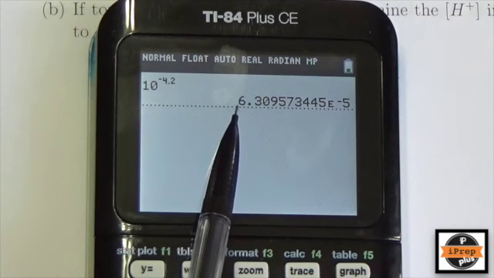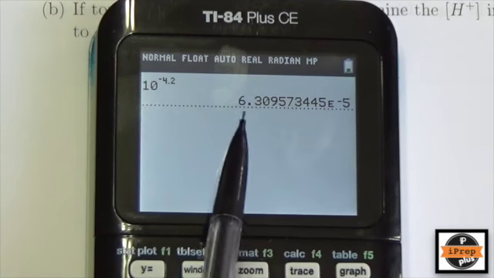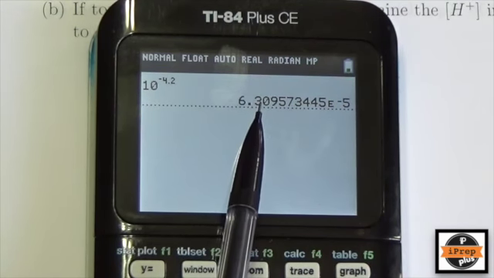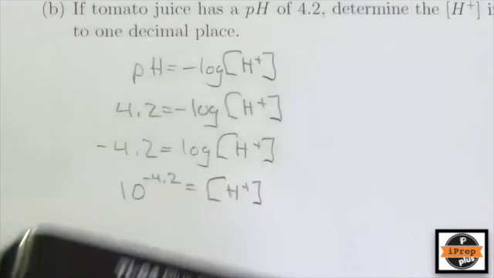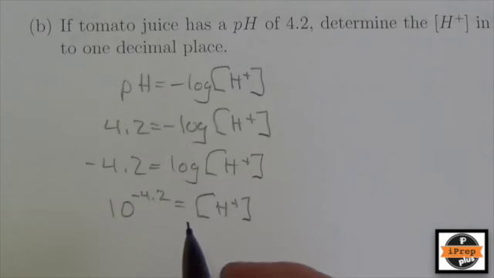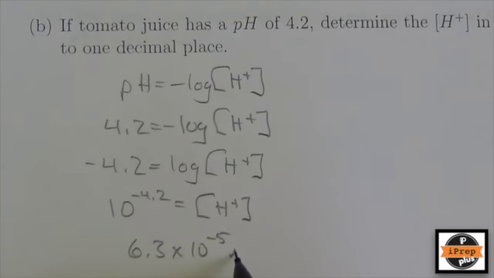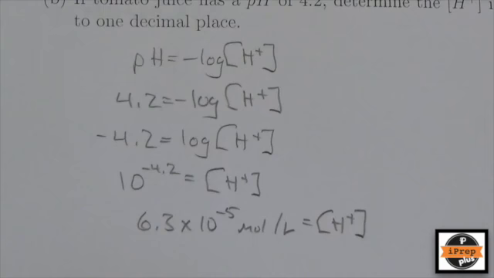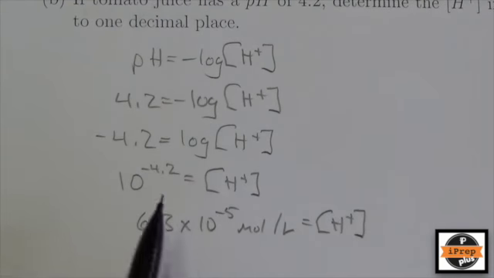This is what we want: 6.31 times 10 to the negative 5. It says to 1 decimal place, so this would actually be 6.3 times 10 to the negative 5 moles per liter. Because they want it in scientific notation, we have to take it to this level. Nothing wrong with the other number, but this is the number they want.